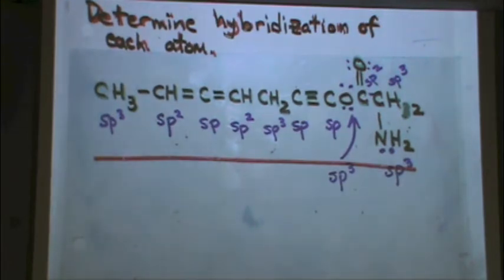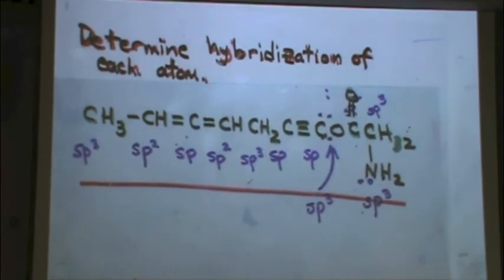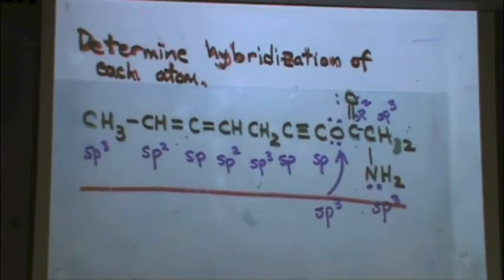Okay, any questions, or do you want me to redo any of these? I'll say one more thing about it. With that in mind, notice that carbons with single bonds are sp3 hybridized. Do you notice that?